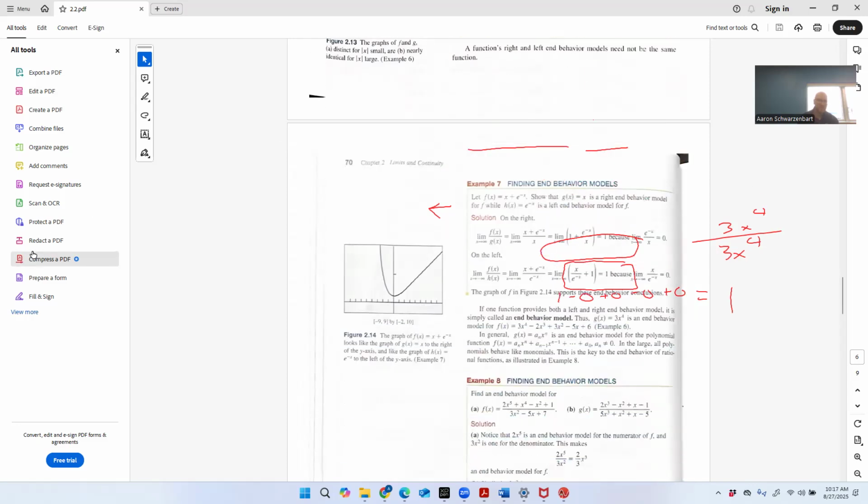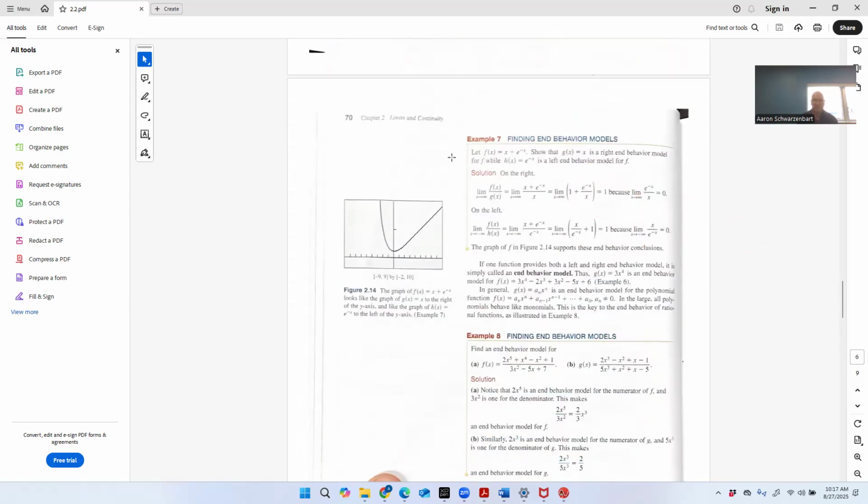Well, sometimes we don't have equal leading terms. This one might be different. Here we have our two functions. F of x here is x plus e to the negative x, and g of x equals x.